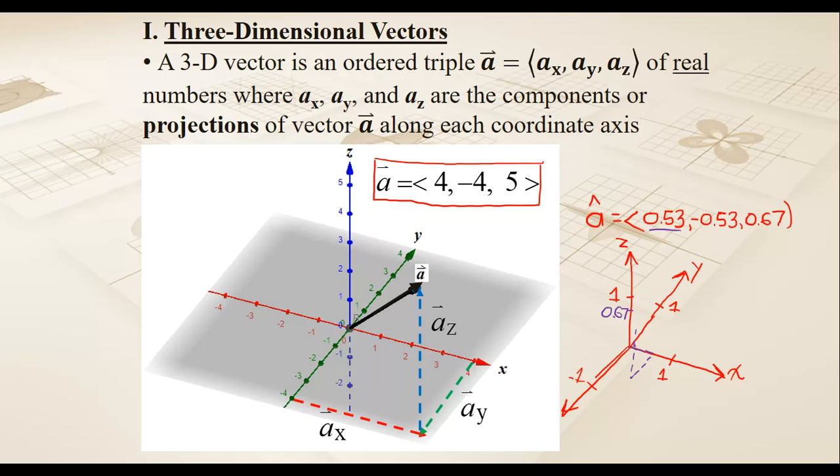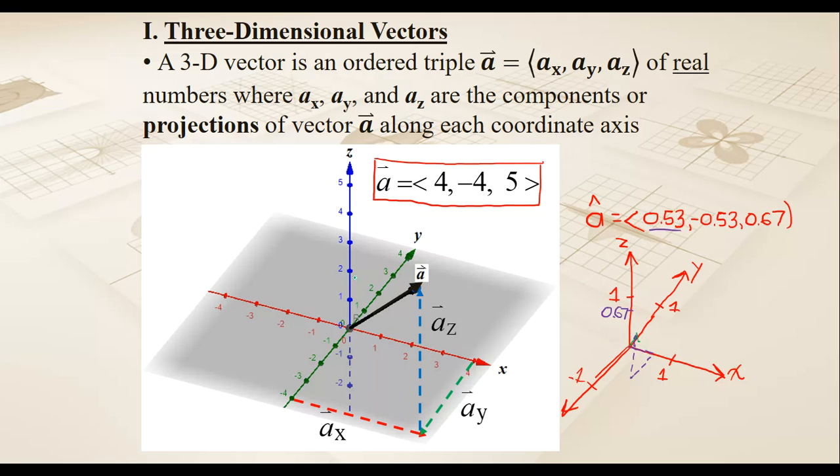So maybe go from here up to there. So maybe it's about here. So the way you draw the unit vector is it would have to end at this point here. And then you just draw a line from start to finish. You just draw a line that goes like this. Again, this is super hard to draw.